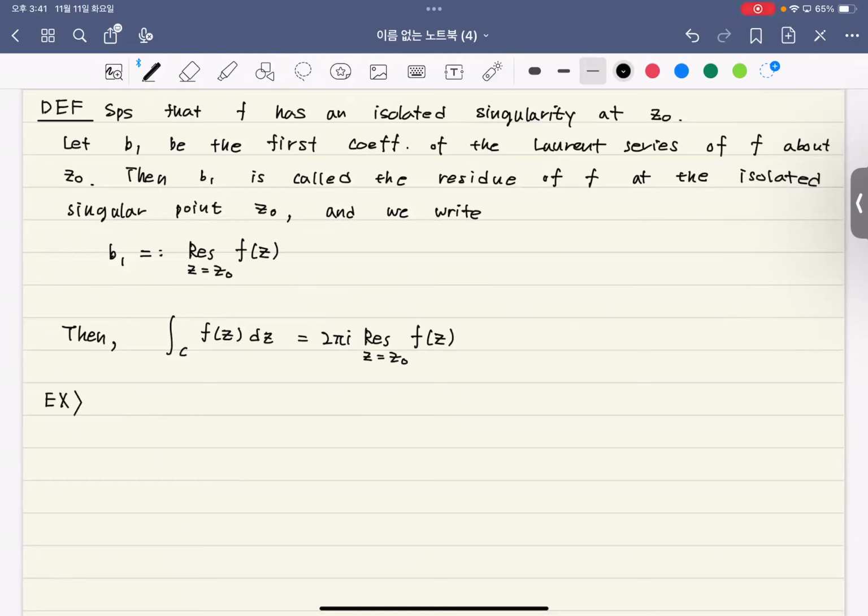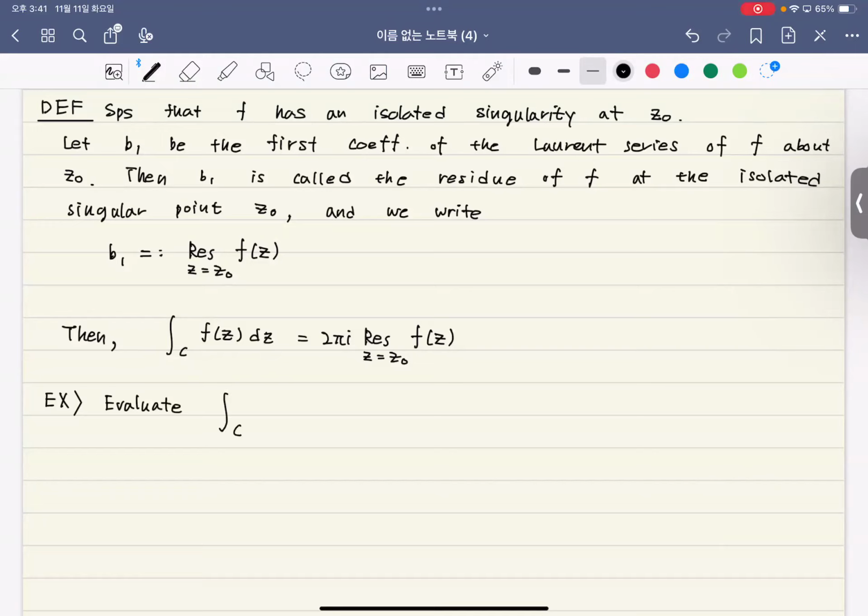Today we are going to figure out how useful the notion of the residue is when you're doing an integration. So let me try to evaluate this integral.